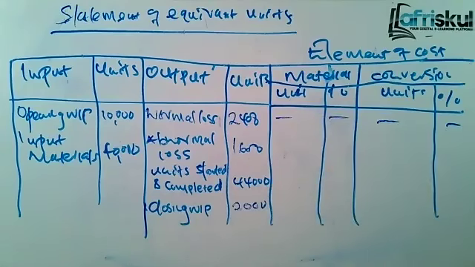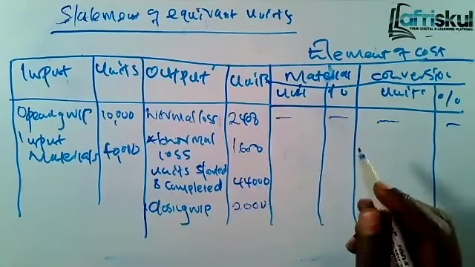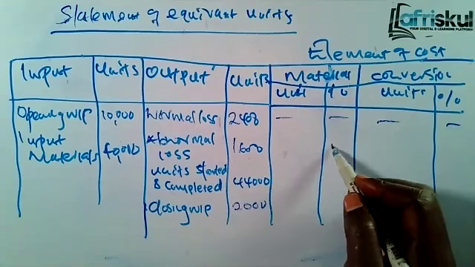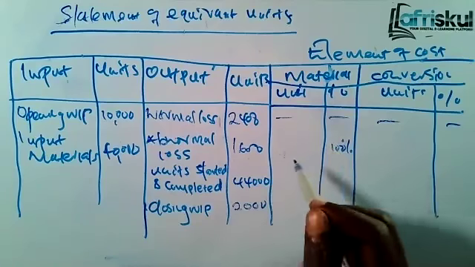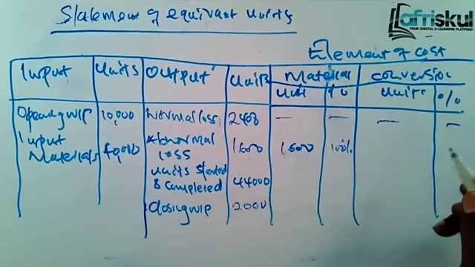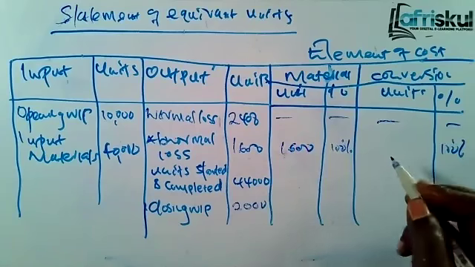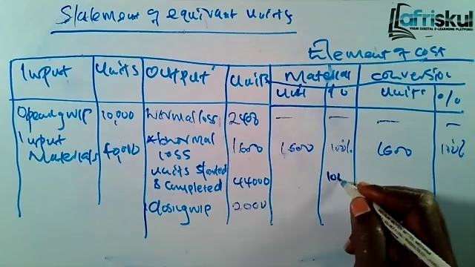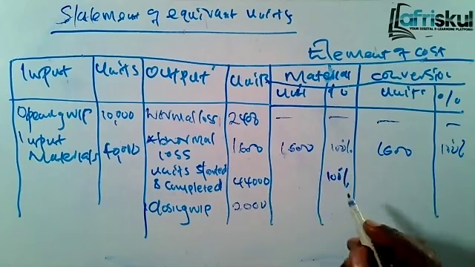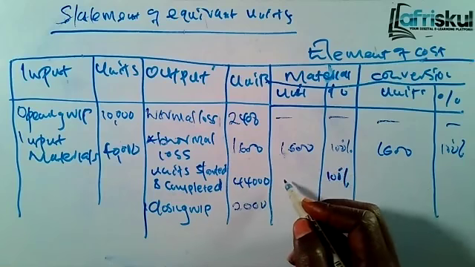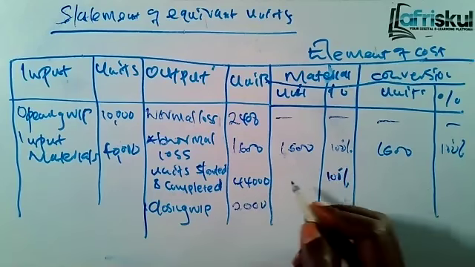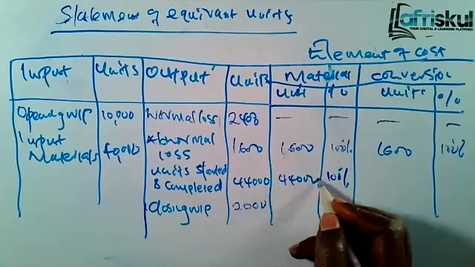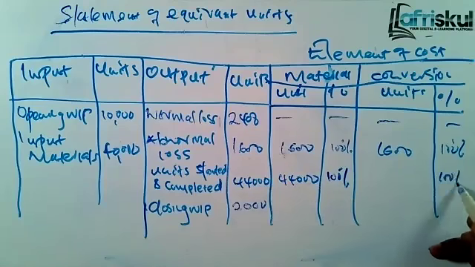The abnormal loss are items that have come out from the process, so it will be 100% everywhere, 1,600 here. Units started and completed have undergone the whole process, therefore 100% for all the elements of cost, that's 44,000.